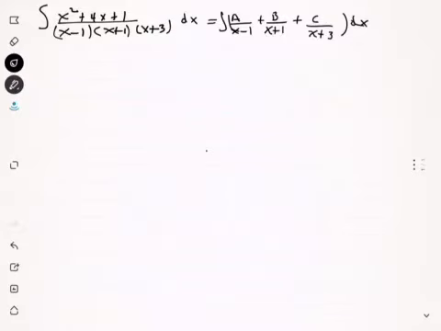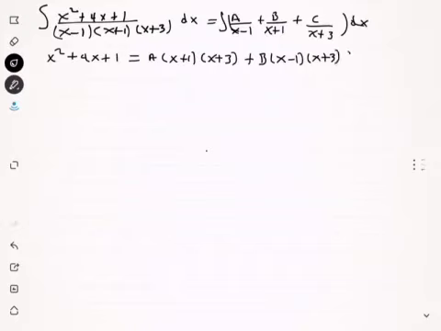To find a, b, and c, we're going to write x squared plus 4x plus 1 equals a times x plus 1 times x plus 3 plus b times x minus 1 times x plus 3 plus c times x minus 1 times x plus 1.